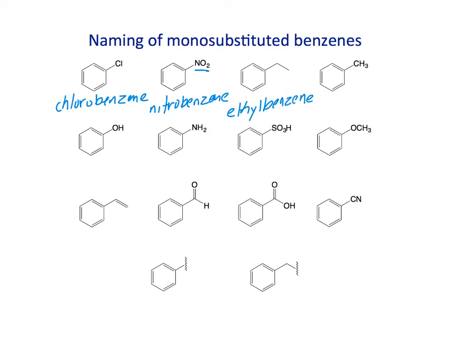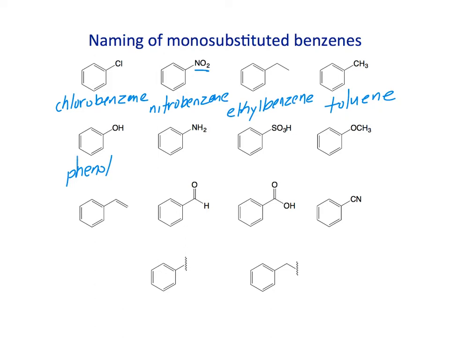Right? The next one obviously is called toluene. Right? The next one on the lower left, we've got an OH on there. We don't call it hydroxybenzene, unfortunately. This is called phenol. All right.